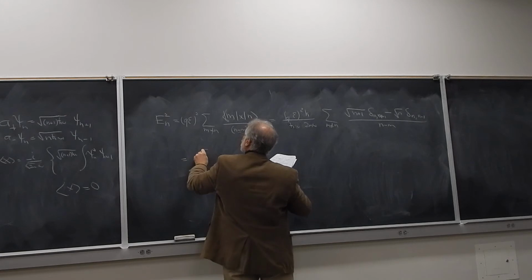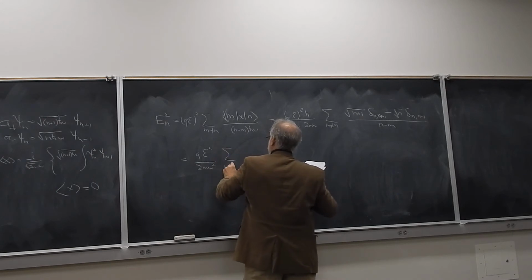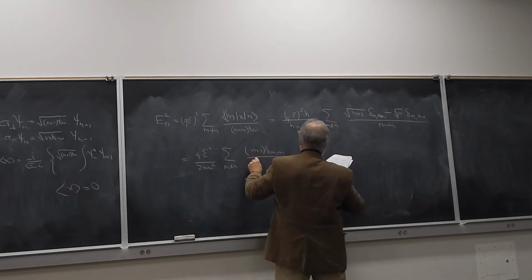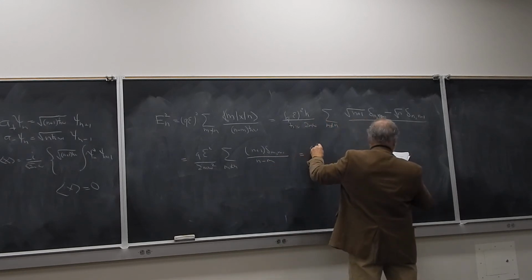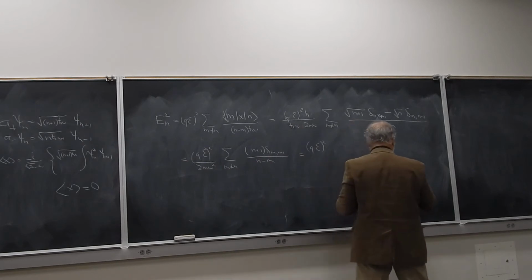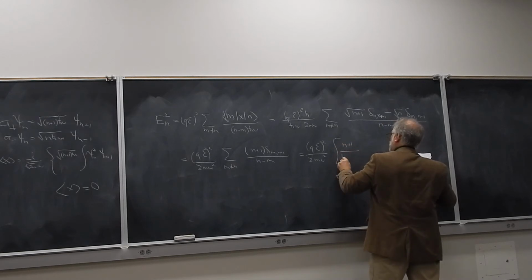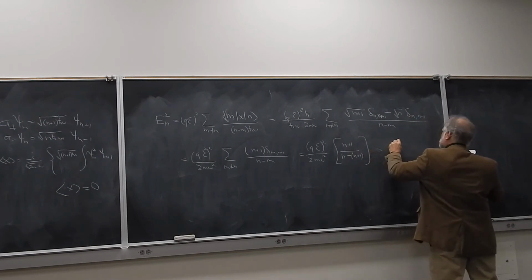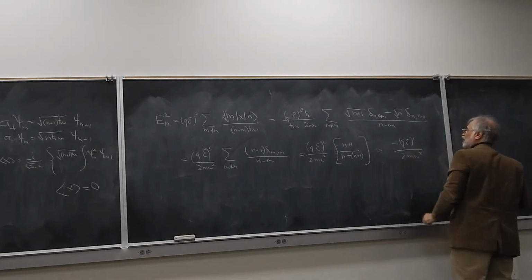That gives me QE squared over 2m omega squared, sum m not equal to n, n plus 1 delta m, n plus 1, minus 1 divided by n minus m, which I can write as QE squared over 2m omega squared times n plus 1, n minus n plus 1, which is just minus QE quantity squared divided by 2m omega squared.